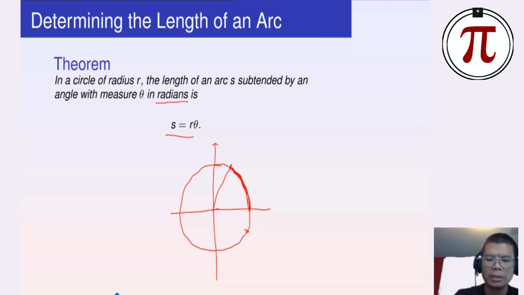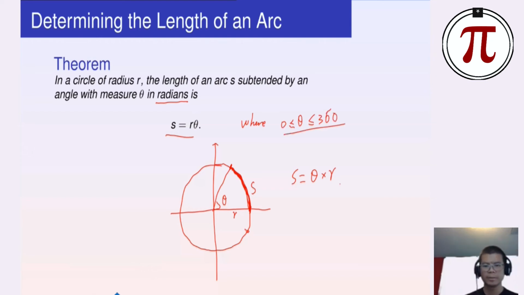Now this arc length is denoted by S. This one is theta, and this is r, where theta is greater than 0. The arc length is given by this. Sometimes you may see a negative arc length.